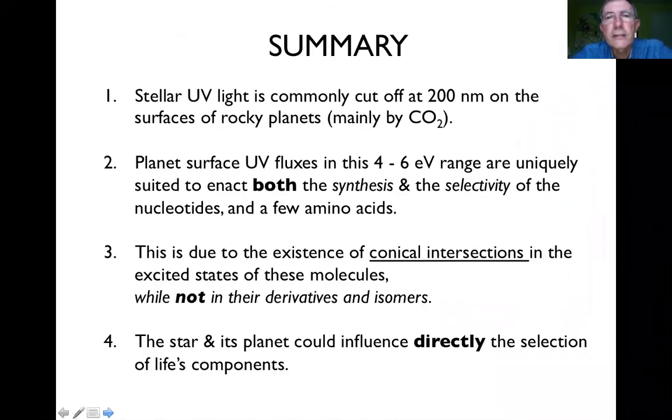So to finish, in summary, I think the star and its planet could influence directly the selection of life's components. And that is because there are these really interesting quantum mechanical, physical, chemical conical intersections in some molecules, but not in others.